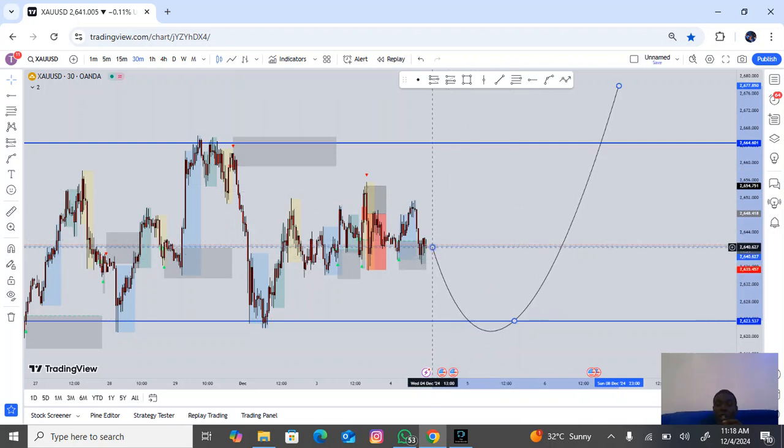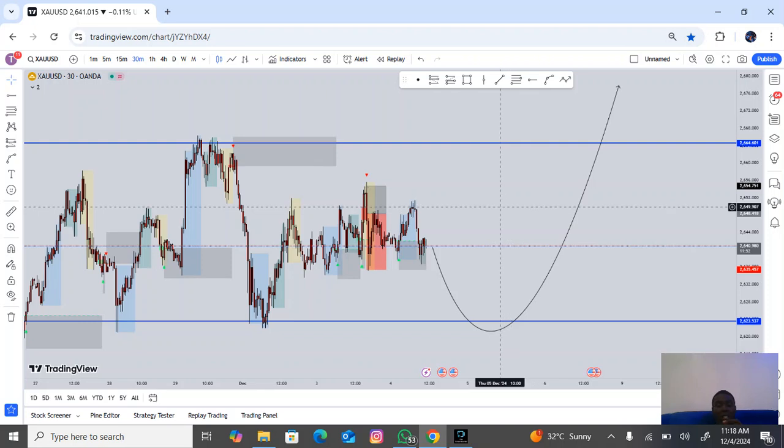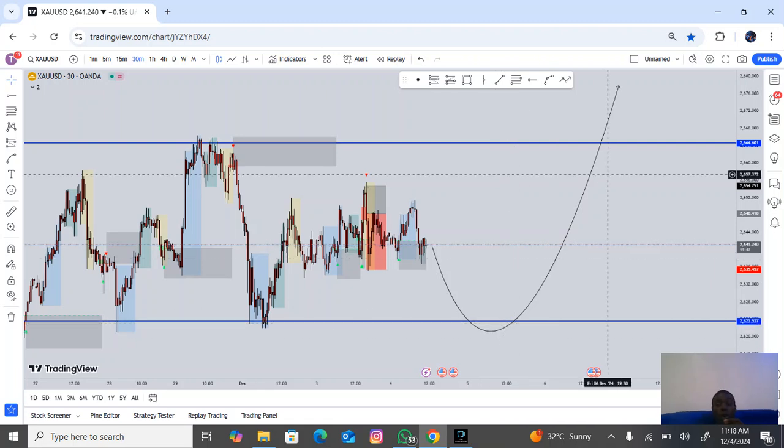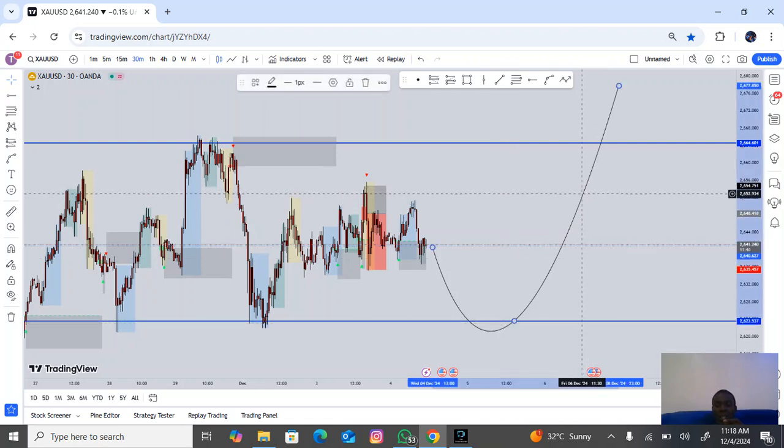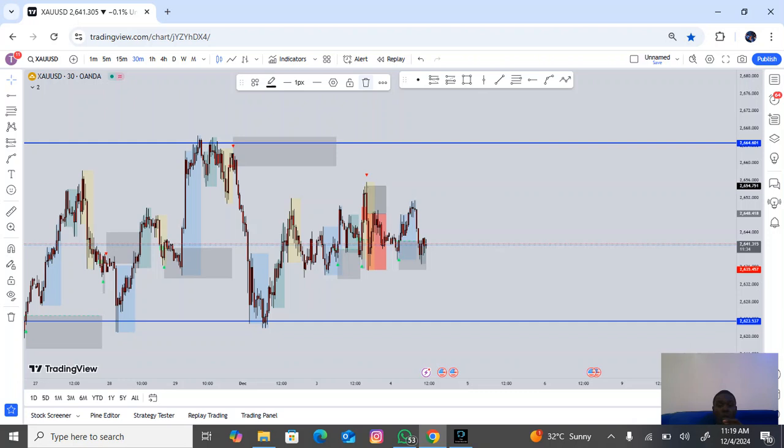Gold is currently here. Anybody who sees this now as a trader will know that this is what you're waiting for. You want price to come down to this line and start going up. Probably you are expecting it to come down here before you long, right? So that's the purpose of this tool, and it can also be used for any other purpose, depending on what you want to use it for.